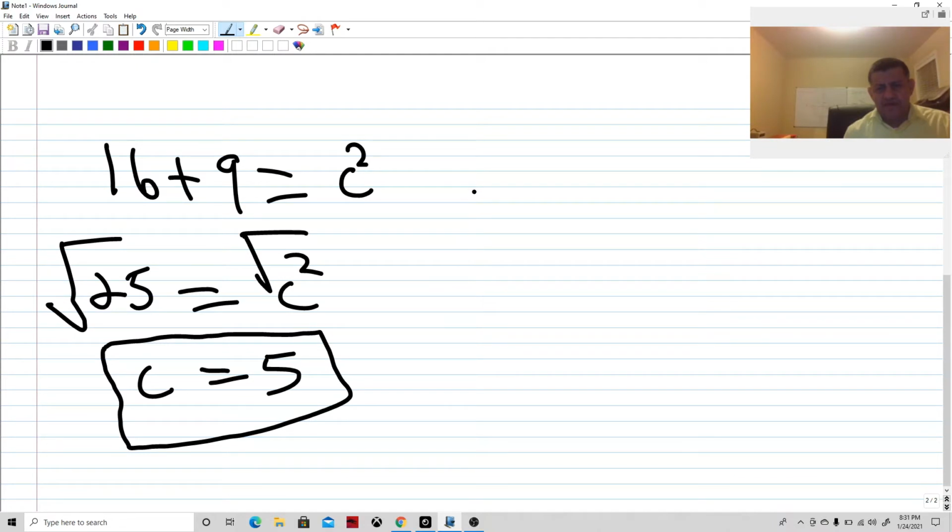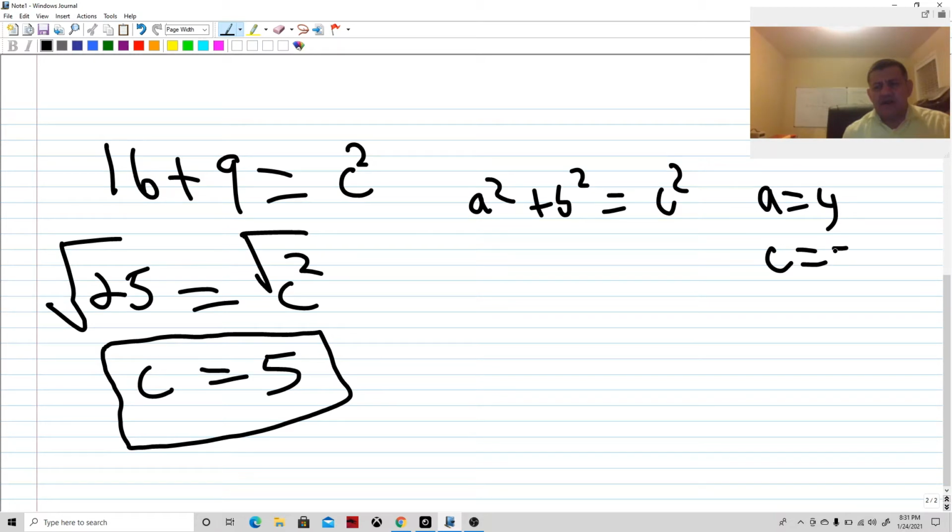So we have A squared plus B squared equal to C squared. And then let's say that we have A equal 4 and C is equal 5, right? Let's do the math and see.